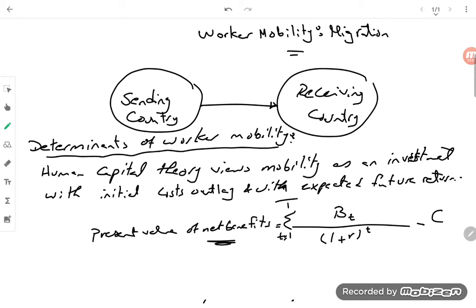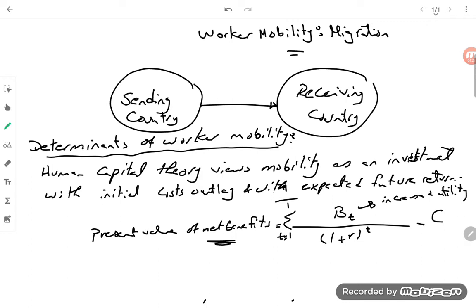B_t is the increased utility or benefit that you are going to get in year t from changing job or position or location or whatever.